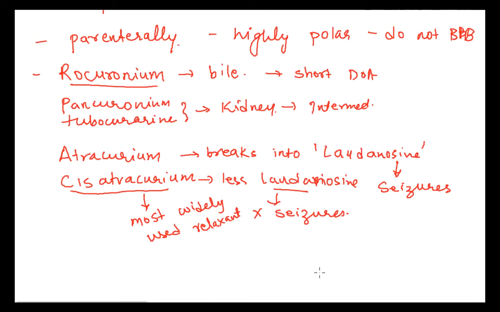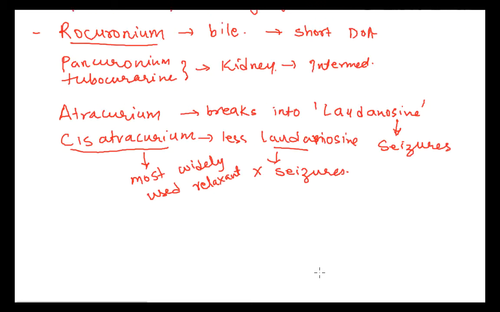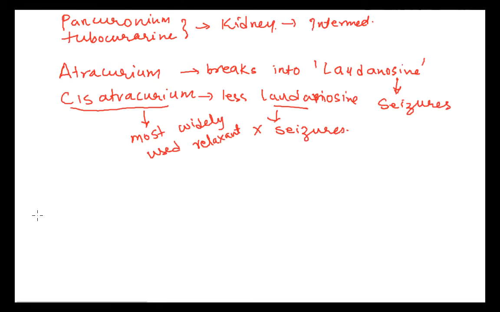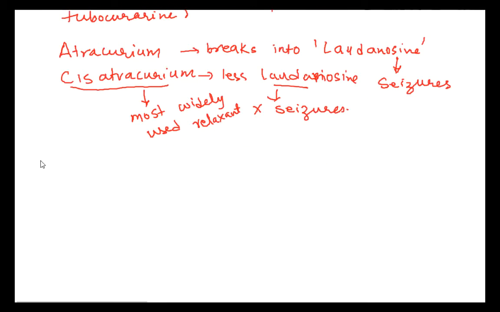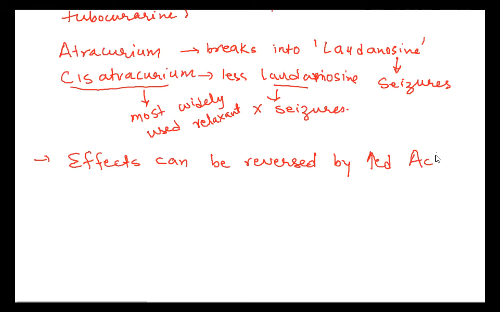Okay, what other things you have to remember is, because these are competitive blockers, the effects can be reversed by increasing the concentration of acetylcholine at neuromuscular junctions, okay. If you increase the concentration of ACH, these drugs can be replaced. So how can you increase?